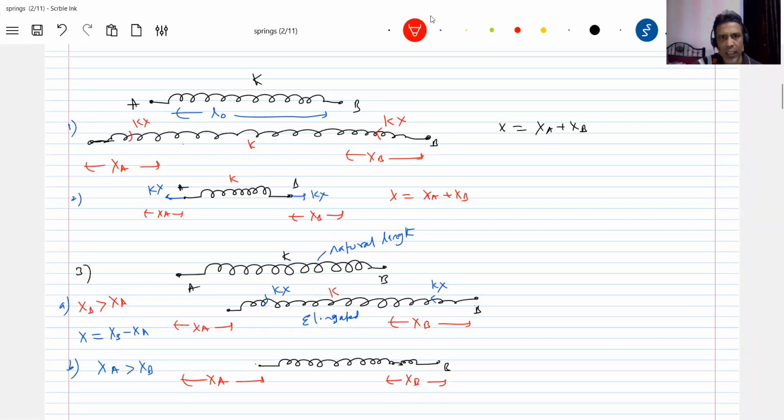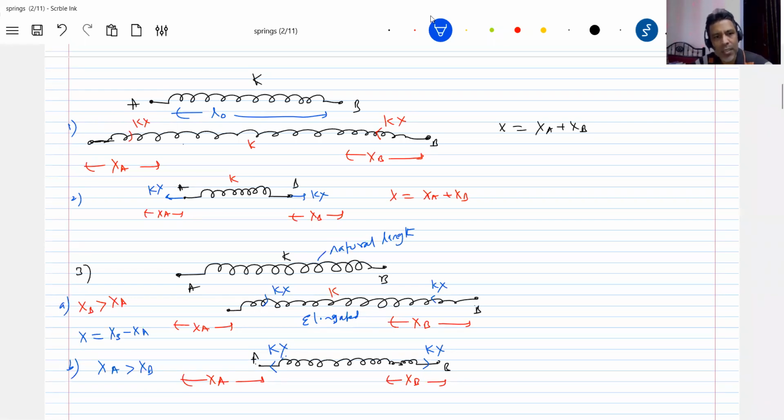So what is the state of spring? The spring here got compressed. The B is having more displacement than it. So what is the state of spring? Spring got compressed here. Compressed in the sense that the spring force should act away like this. So here I'll show it, so that it will be clearly visible for you. Got the idea, no? So here both the hands will have displacement.